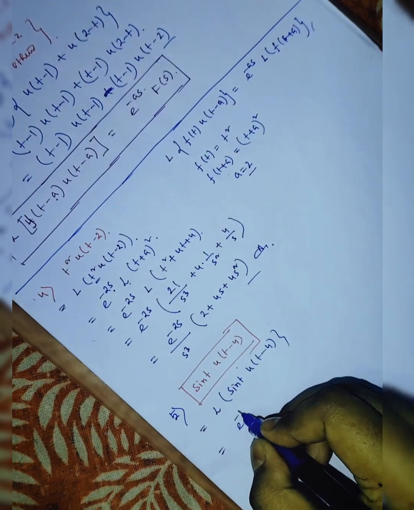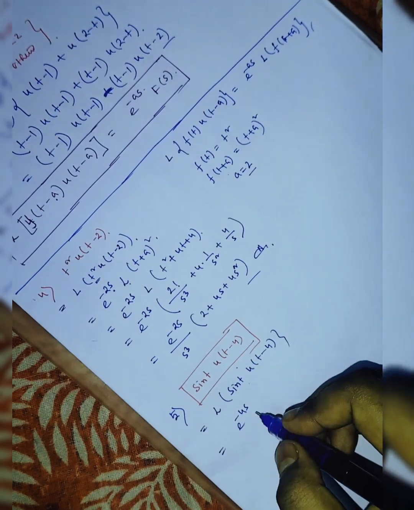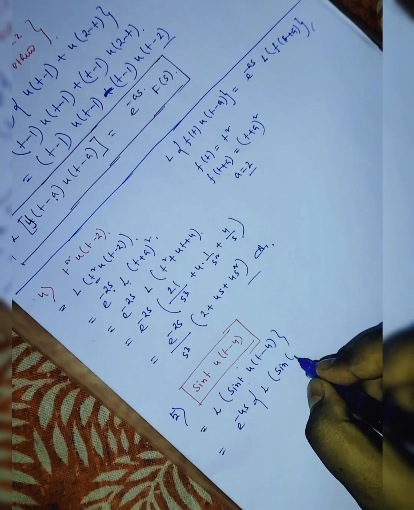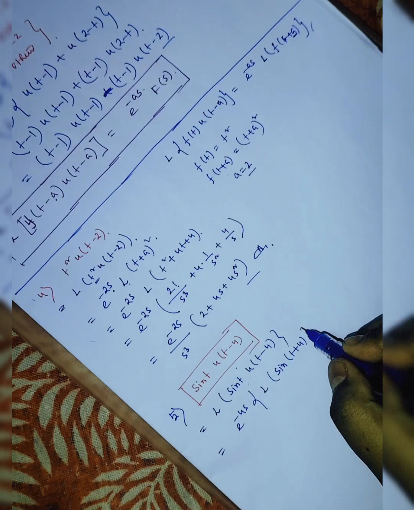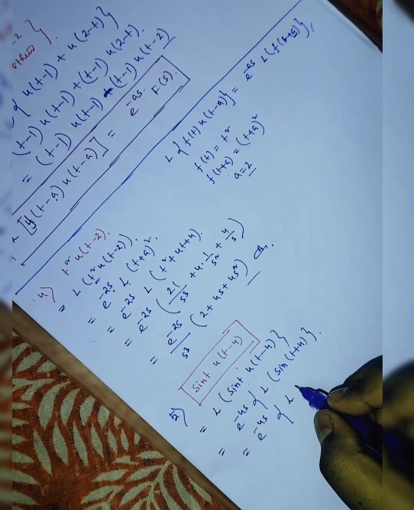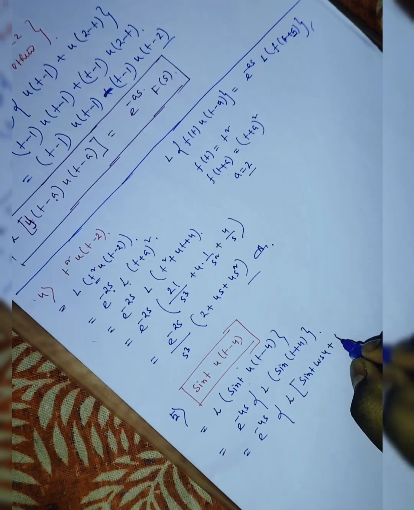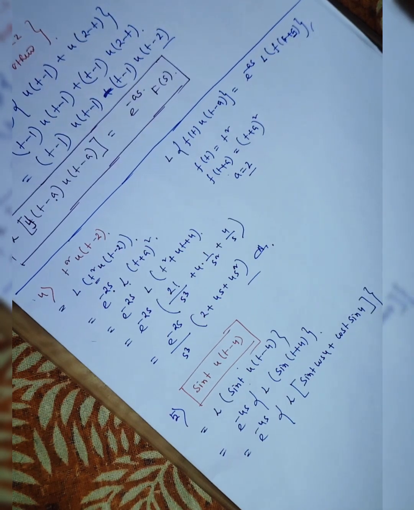So e to the power minus 4s, and then L of, here f of t equals sin t, so I can write it as L of sin of t plus 4, because a equals 4. Now expand this: sin t cos 4 plus cos t sin 4.